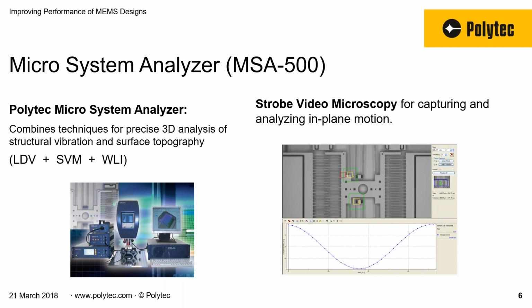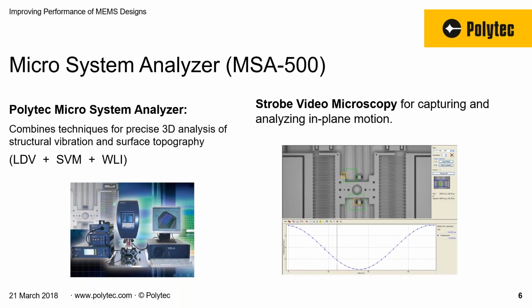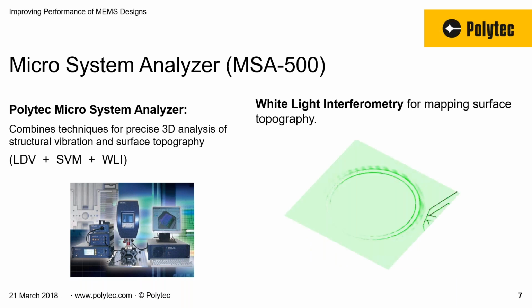So the vibrometer measures out-of-plane; in-plane we can measure with combined strobe video microscopy. And then also the white light interferometry for shape measurements. So we can do static shape measurements to determine step heights, roughness, depth, shapes, those sorts of things.